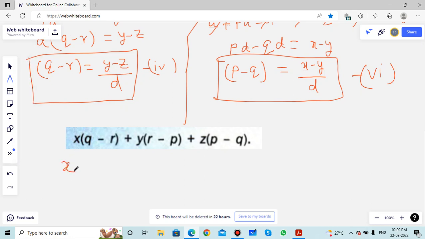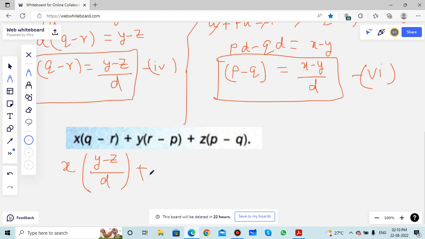x, q minus r is how much? All right, y minus z upon d. Fine. It has to be in a proper bracket. So I'll write it here. Plus y, what is that? r minus p.